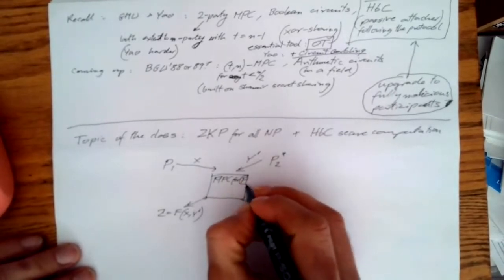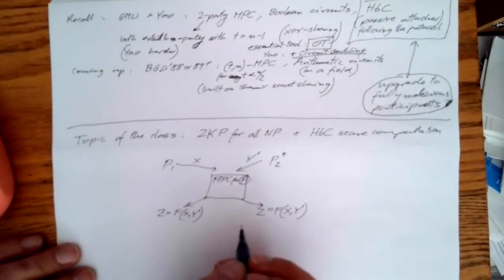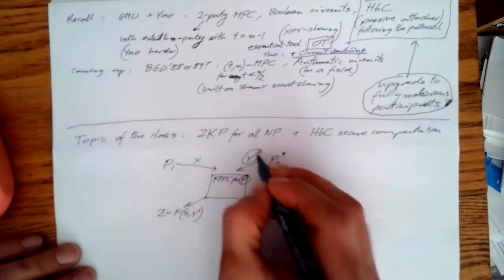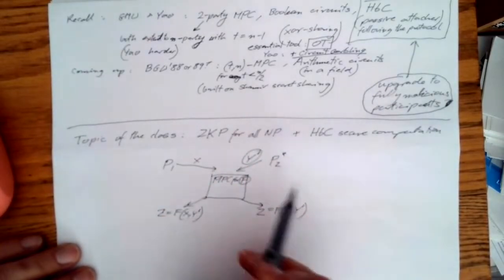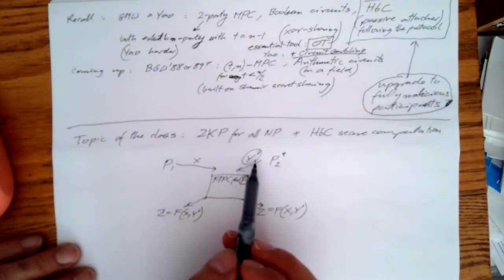Now, I know what F is, and I know that my counterparty's freedom is to pick any Y prime.